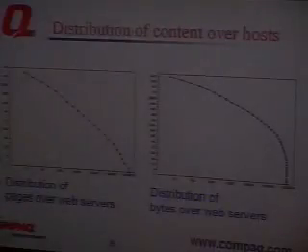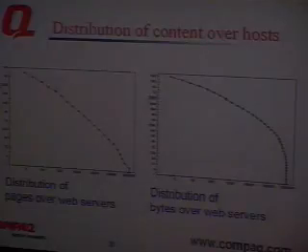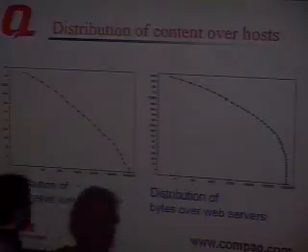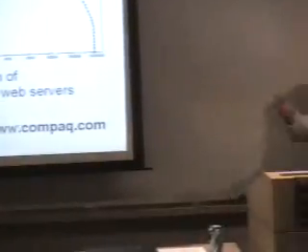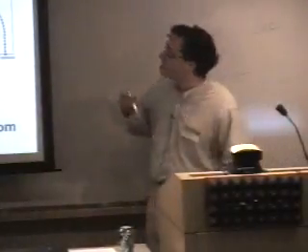You can see that this follows roughly a Zipfian distribution, which is sort of what you would expect. If you draw the same graph, not for number of documents, but number of bytes, interestingly enough, it's not Zipfian. That suggests that the big web servers have disproportionately large content. So this graph was a surprise for me. I would have thought that everything out there follows a Zipfian distribution. That's not true.